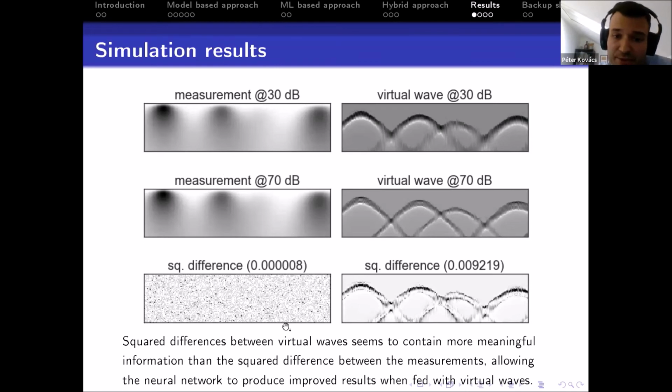It's basically white noise, but there is a significant difference between the extracted virtual waves. So it seems like the virtual wave reconstruction provides more information to the neural network. It can extract more information if the quality of the images increases, so if the noise decreases.